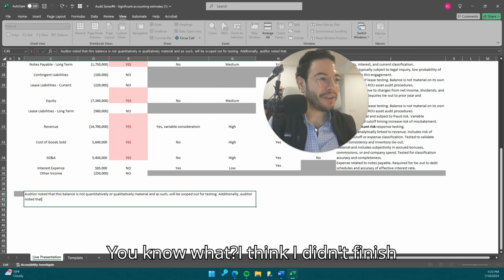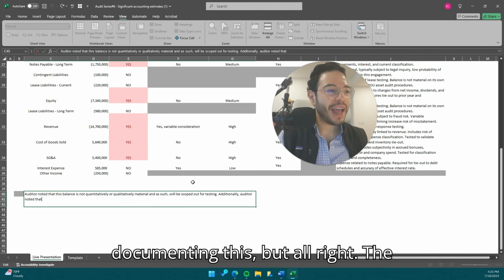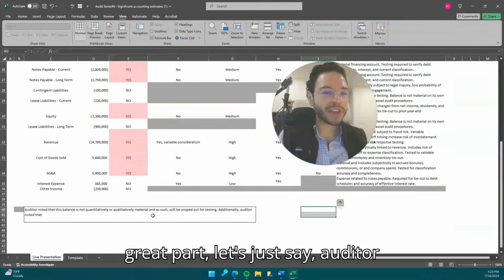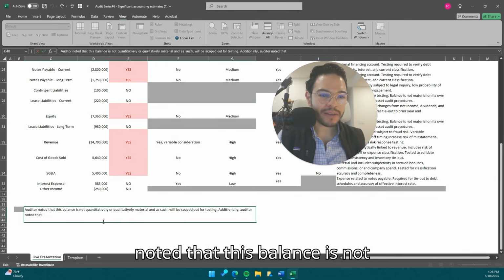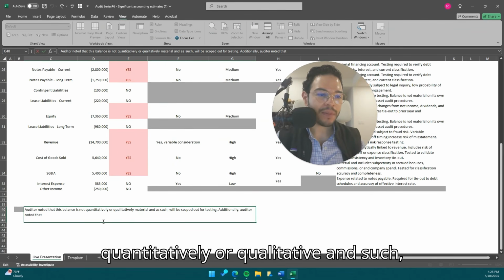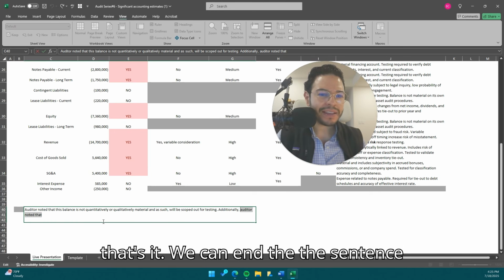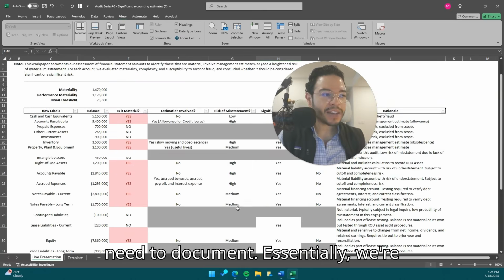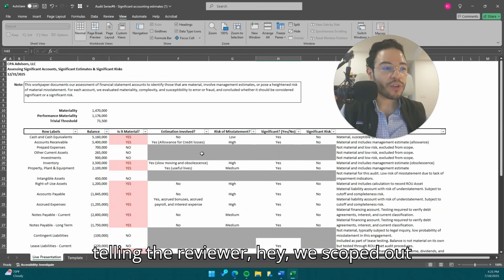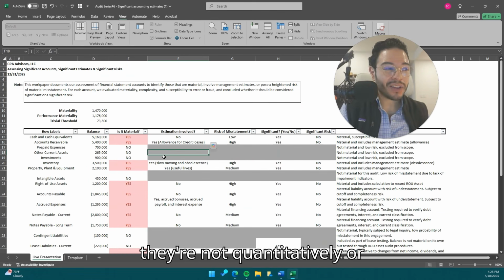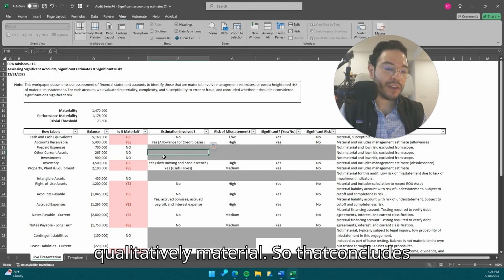I think I didn't finish documenting this, but let's just say, auditor noted that this balance is not quantitatively or qualitatively material, and as such, it will be scoped out for testing. That's it. There's really nothing else we need to document. Essentially, we're telling the reviewer, hey, we scoped out these accounts because they're not quantitatively or qualitatively material.